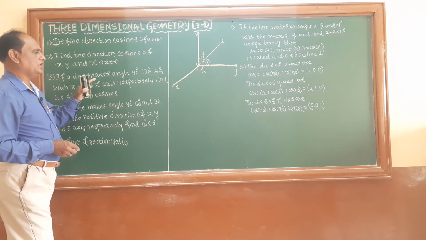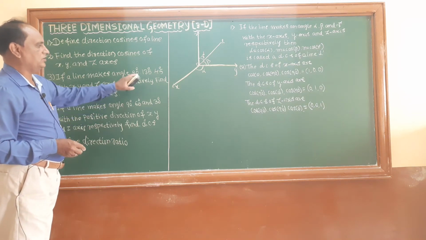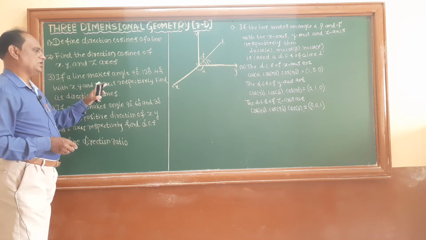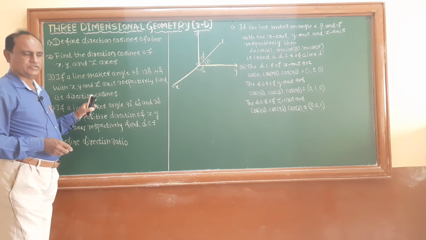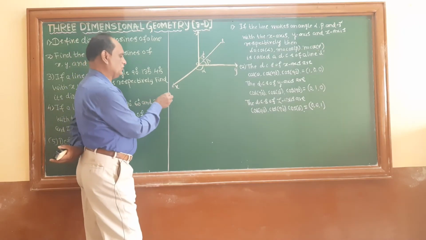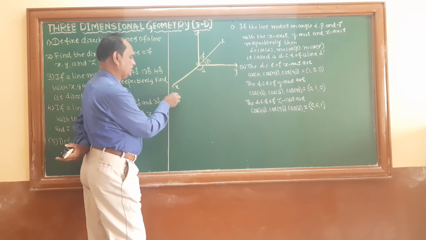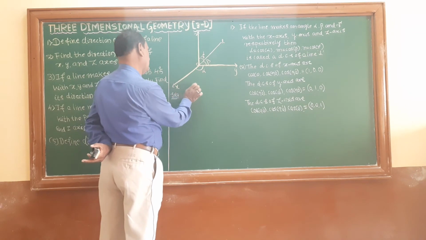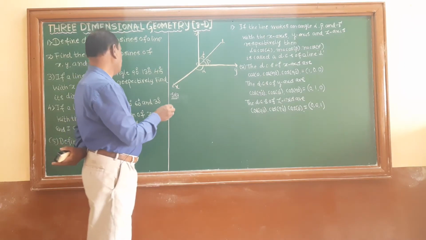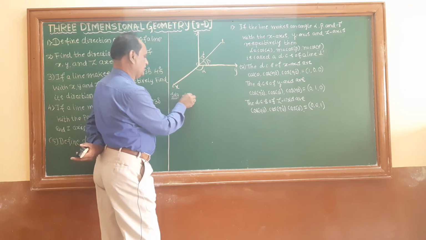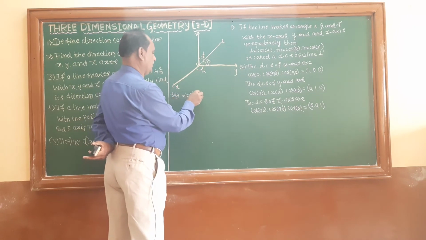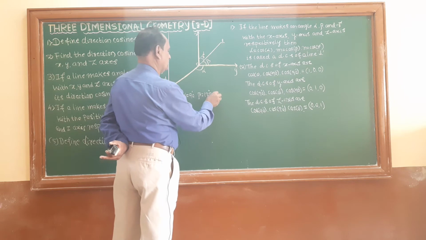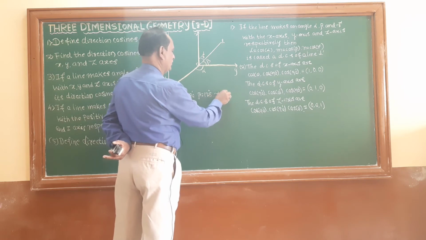If a line makes angles 90 degrees, 135 degrees and 45 degrees with the x, y and z axis respectively, find the direction cosines. So the solution for the third point: alpha is equal to 90 degrees, beta is equal to 135 degrees, and gamma is equal to 45 degrees.